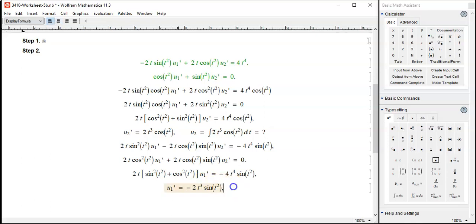And therefore we can obtain u1 by taking the integral of this thing, the antiderivative of that thing.